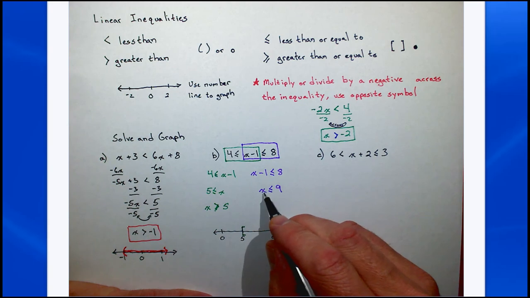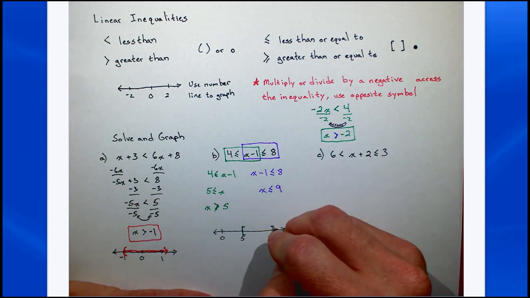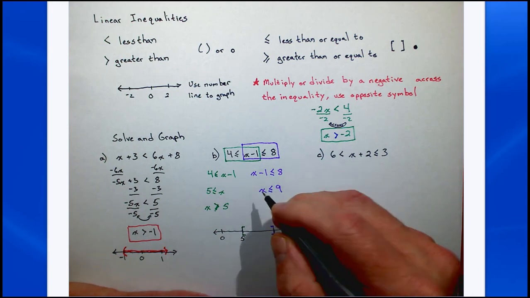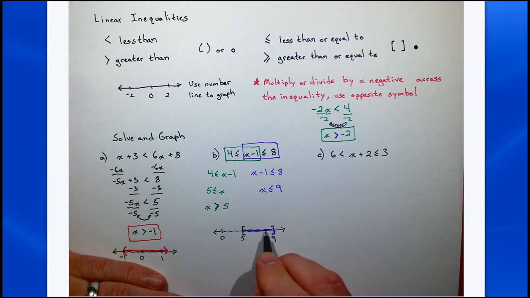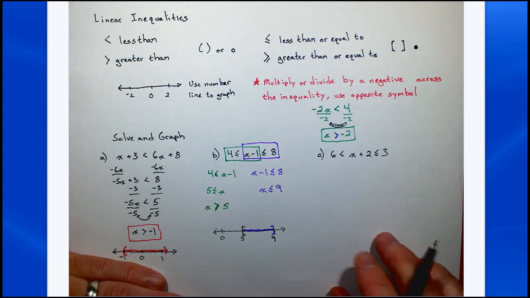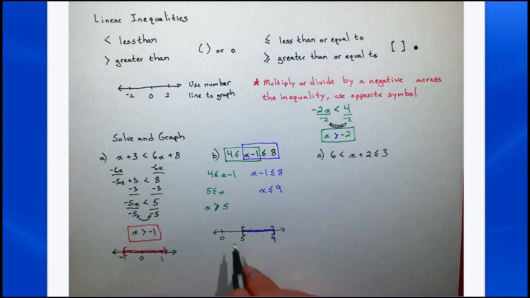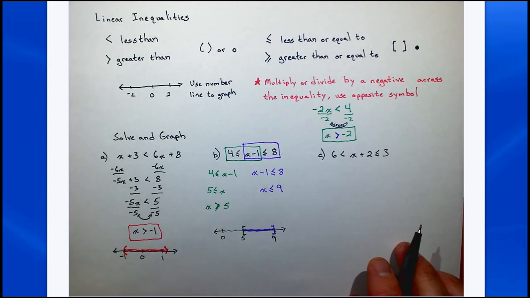Here I'm saying that x is less than 9, so I'll put my bracket like this. And then it is the area in between those two brackets. These values, including 5 and including 9, will make this true. If I plug in any other numbers, I will not have a true statement.